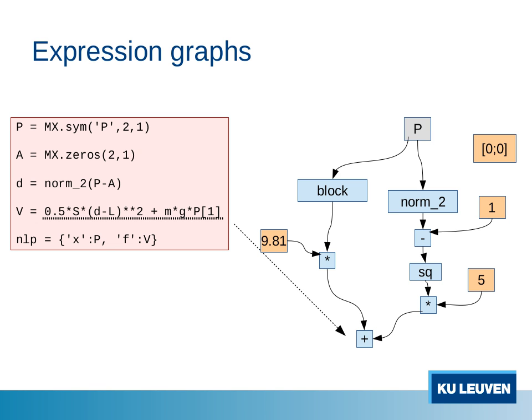Then we add the potential energy from gravity, by taking a part of p and multiplying with the gravity constant and the mass, and v points to the end of this graph. Then the dictionary is really just pointers to nodes again. The X label expects the collection of all decision variables, so it's pointing to p in this case, and F is an expression for the entirety of the graph.